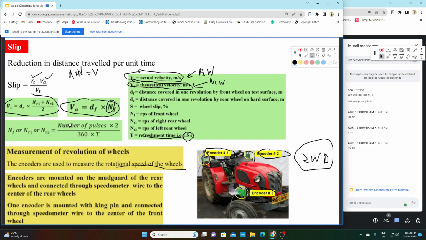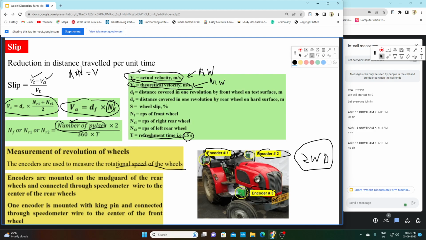So by this formula we can get nf, nr1 or nr2. Whatever pulses we receive for encoder 1, encoder 2 or encoder 3, if we put them in this formula we can get nf, nr1 or nr2 respectively. This is all written in this theory.